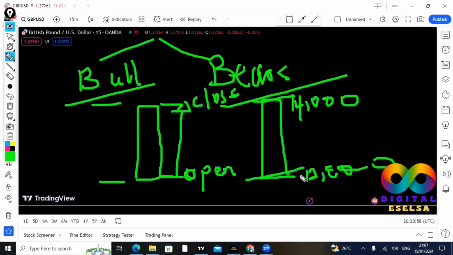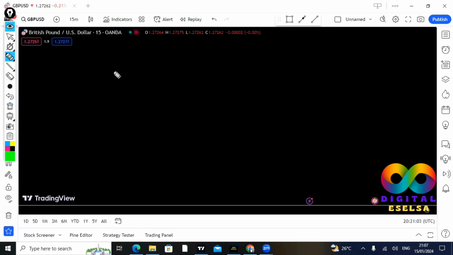What it means here is that buyers pushed the price from 12,000 and closed it at 14,000. Buyers pushed the market up. That is why the open price of a bullish candle and the close price of a bullish candle are not the same. So a bullish candle will be like this.